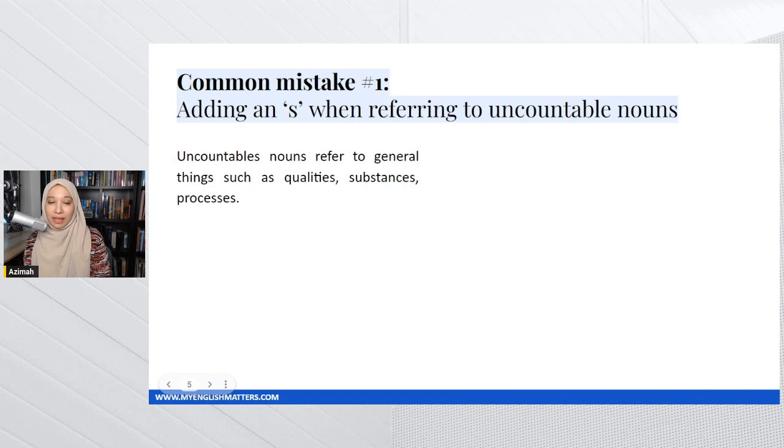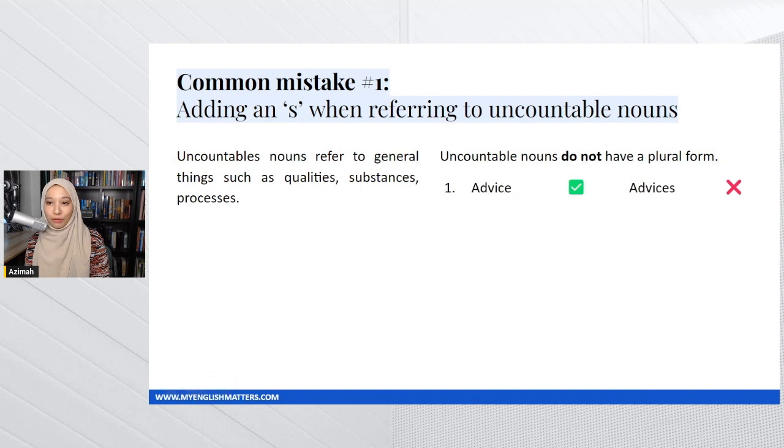It means that basically we cannot count them, so you shouldn't put an S. These nouns do not have a plural form. Let me give you some words. Number 1, advice. So not advices, not an advice. Furniture, not furnitures.